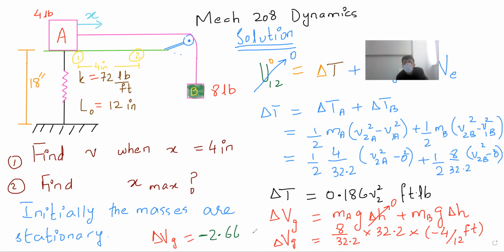Okay, this was Jose. 2.66 pound feet. I know that you are getting confused about how I wrote foot pound here, because I was planning to use foot pound everywhere. So that's why I just quickly wrote foot pound here, okay?